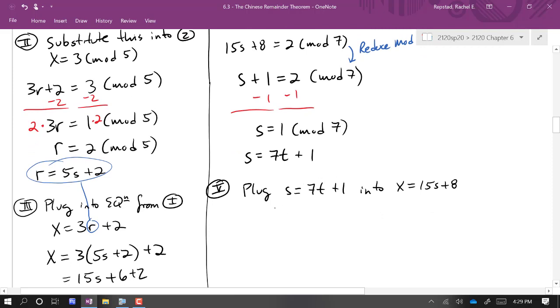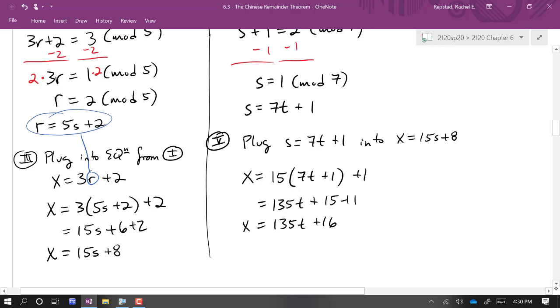So we get x equals 15 times 7t plus 1, plus 1. So 15 times 7, that's 135t, plus 15 plus 1, or 135t plus 16.